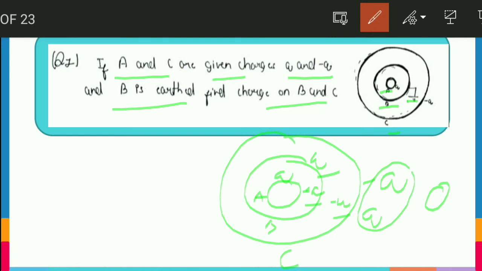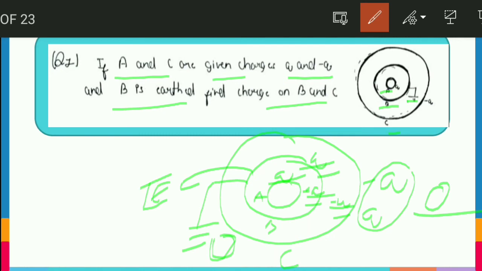So now as it is earthed, its potential is going to be 0. So friends, to make the potential 0, we will find the potential at this surface due to all charges, whatever charge we have. So let's find what excess potential this surface has, so that we will make it 0 by doing one thing.